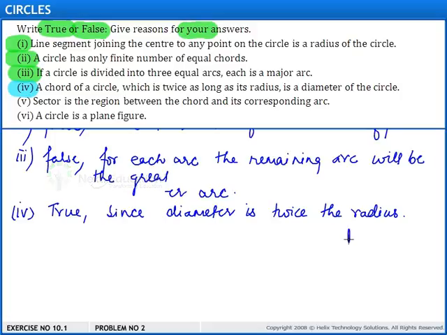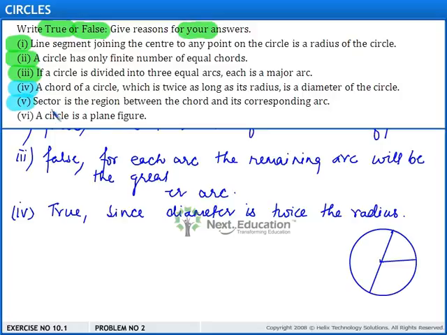Since radius is a line segment which joins the center of the circle to any point on the circle, and diameter is a line segment joining 2 points of a circle such that it passes through the center. Therefore, diameter is twice the radius. Proceeding on to the fifth part.